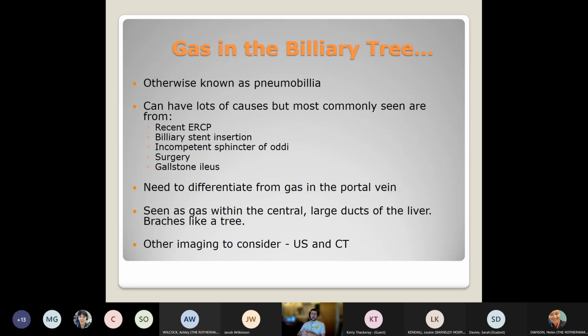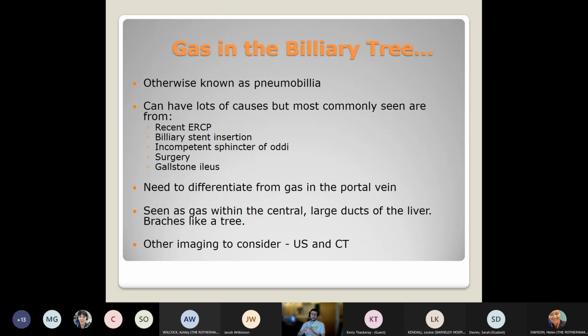Very, very occasionally, it can be a result of something called a gallstone ileus. This is where you would have a gallstone developing, and over time that stone actually buries its way through the wall into the colon. And because it's gone into the colon, air from the colon will then go back into the biliary tree.